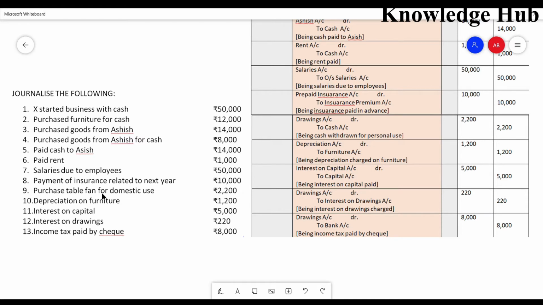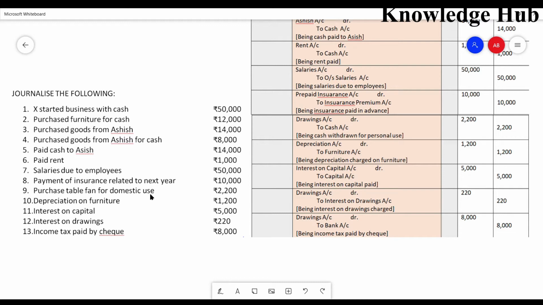Purchased table fan for domestic use, 2,200. Now, from the transaction, see there's a word domestic use. Domestic use is for the personal use of the proprietor and not for the business. Whatever we take into account for the journal entry, we are doing the accounting for the business and not for the proprietor's personal account.